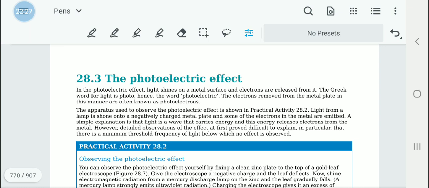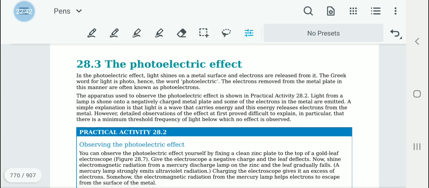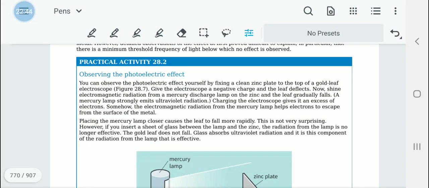This release of electrons due to light is known as the photoelectric effect. This can be observed using a gold leaf electroscope onto which a zinc plate is attached.